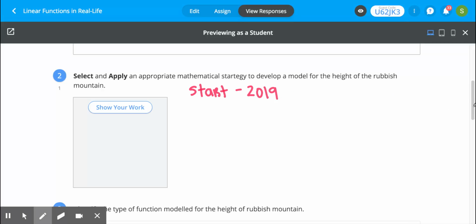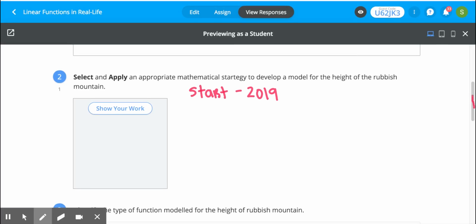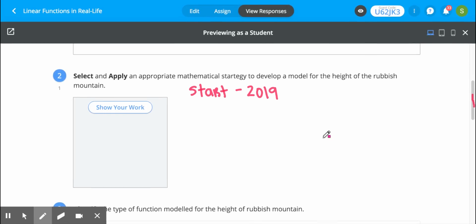How did I already forget, guys? Can I scroll up? Nope, I can't. Was it 65? I believe it was 65. Right, and then it increases 10 meters per year.